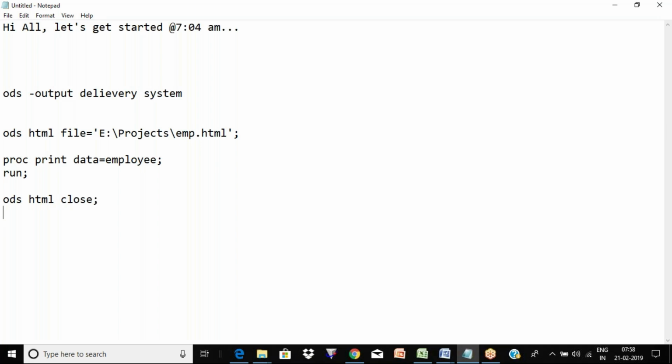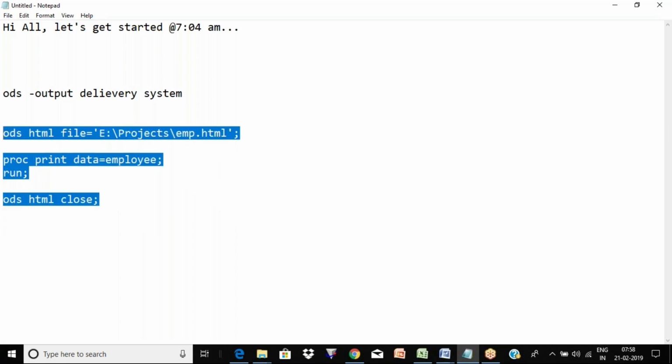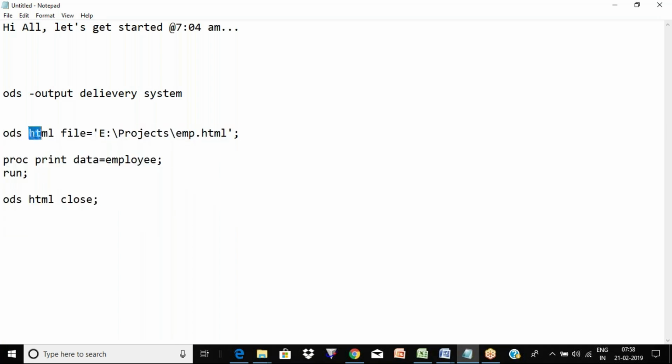This is for creating an HTML page. Using ODS we can also create a PDF file. Sometimes the report management wants it in PDF, so we can do that too. That's why in some of the CVs you would see this ODS.